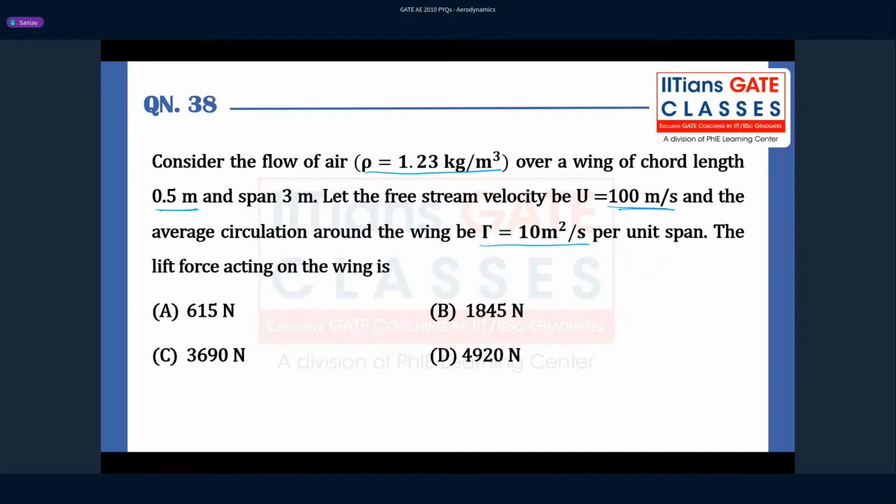This is the circulation around the wing. They're asking you the lift force acting on the wing. So you know there's only one equation that relates your lift to circulation. You know that your lift is going to be directly proportional to the circulation. What is this theorem called, guys? This theorem is called the Kutta-Joukowski theorem, right?